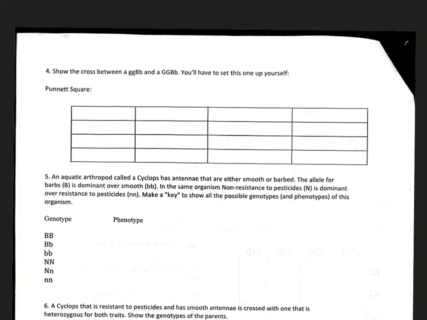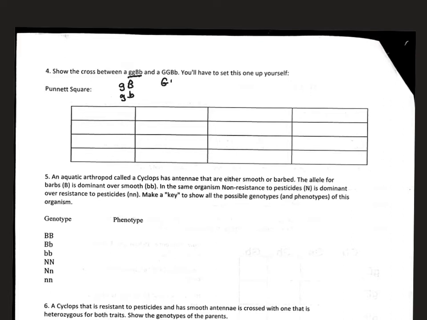So show the cross between little g, big B, little b, and big G, little b, little b. Again, how many different kinds of gametes can this parent make? 2. Little g, big B, and little g, little b. And this parent over here can make how many? 2.